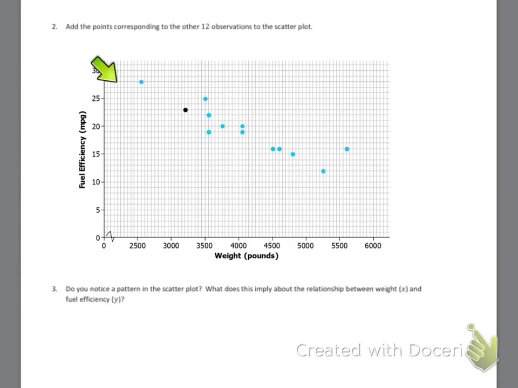If I thought about putting a line straight through here, as the weight of the car increased, the fuel efficiency decreases. That is a fairly noticeable pattern in this scatter plot. Notice that our heaviest car doesn't have the lowest fuel efficiency, but in general, as the cars get lighter, their fuel efficiency increases.